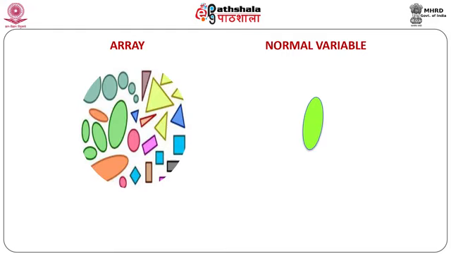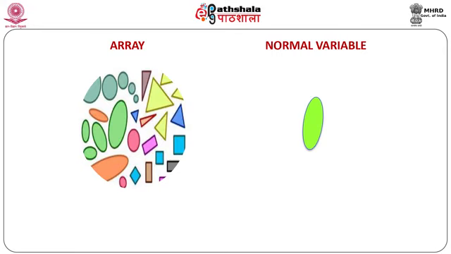In a normal variable you can see there is a single element stored, whereas in an array we get a collection of similar objects or a collection of similar variables. You can see in the array we have shown various similar kinds of objects.